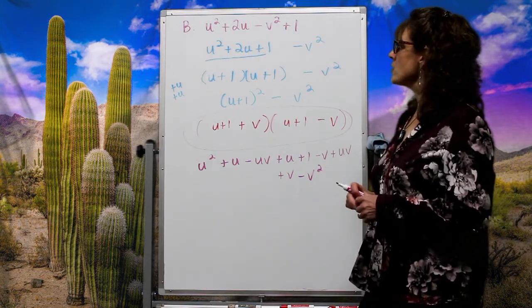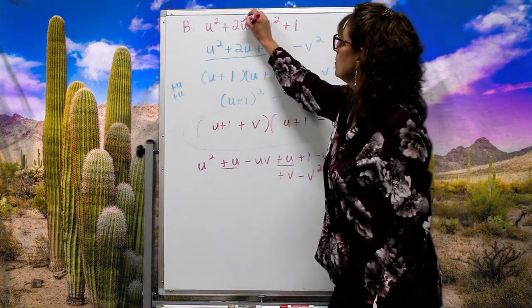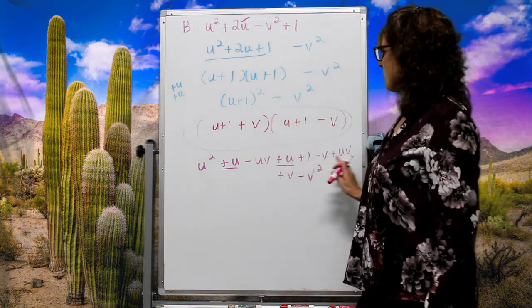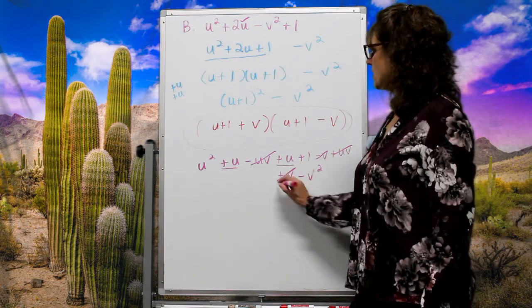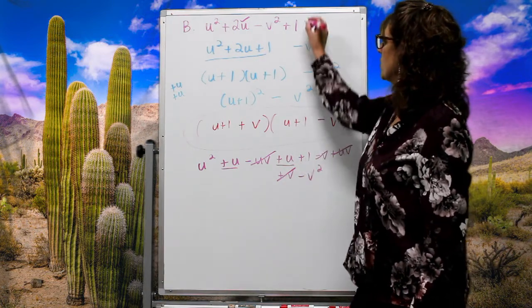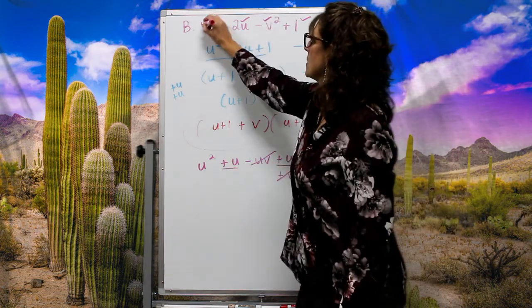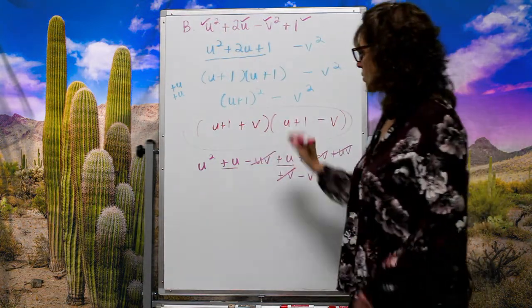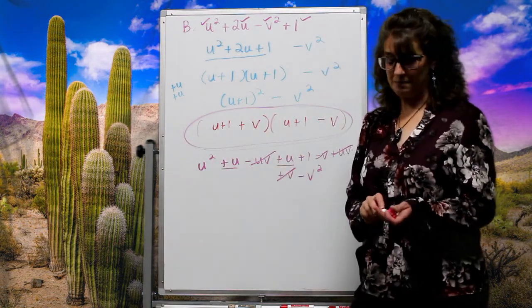Now, when I look for those like terms, u plus u will be a 2u. And then minus uv plus uv cancels out. And then my minus v plus v cancels out. So I've got my plus 1 sitting here, my minus v squared sitting here, and my u squared sitting here. I do get back to where I started. So I know, in fact, yes, this really is the right answer.